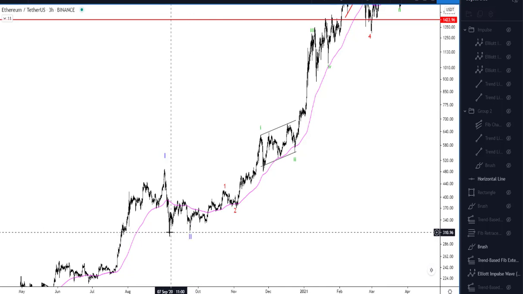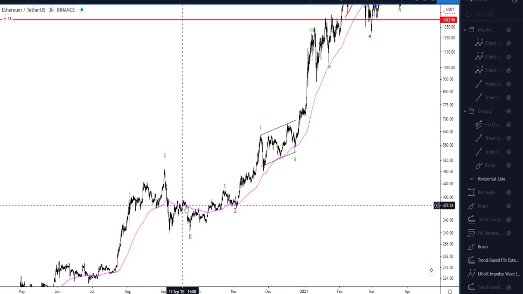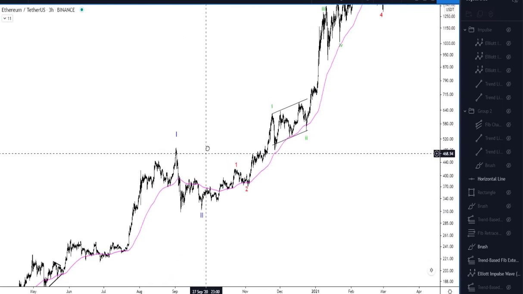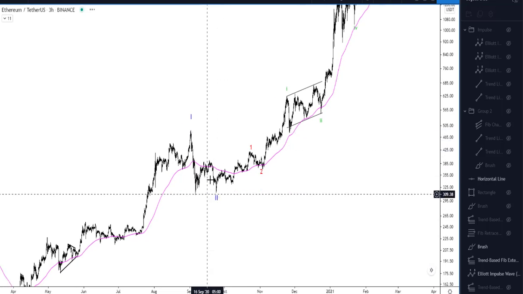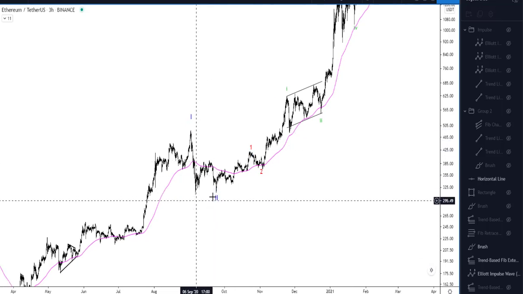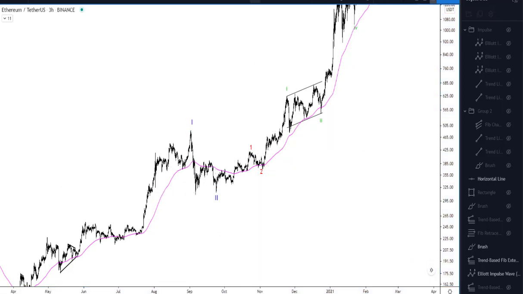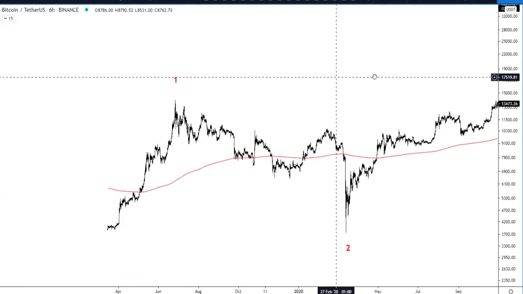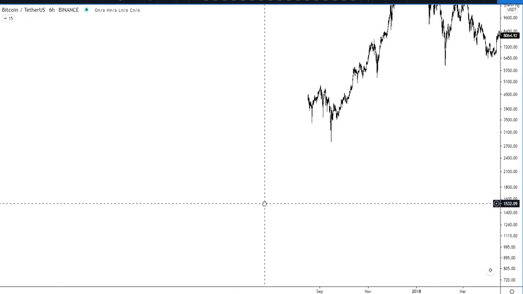In fact, a lot of time it's gonna truncate, which means it's not gonna even take out the low of your wave A. Alright, so again, we're gonna have to see as price action develops how it's gonna go, but there's a reasonable chance that we're gonna see something like this. Even on Bitcoin, it's something which does happen quite frequently.